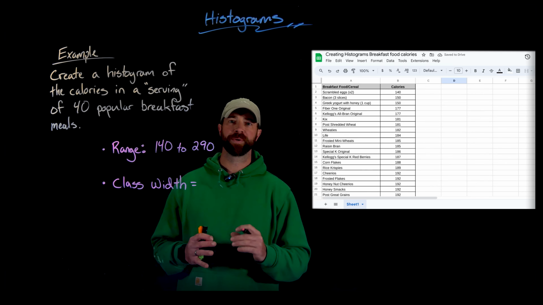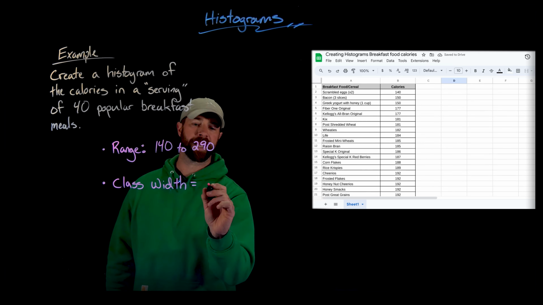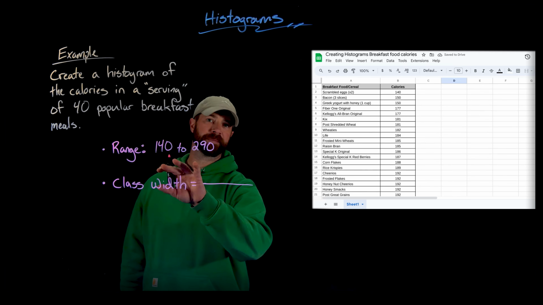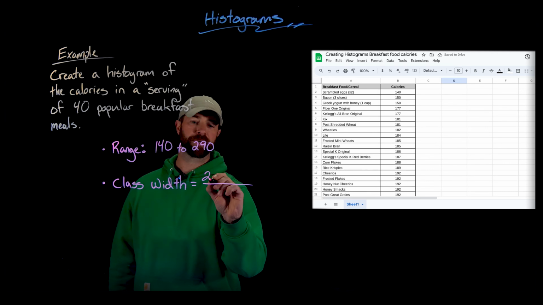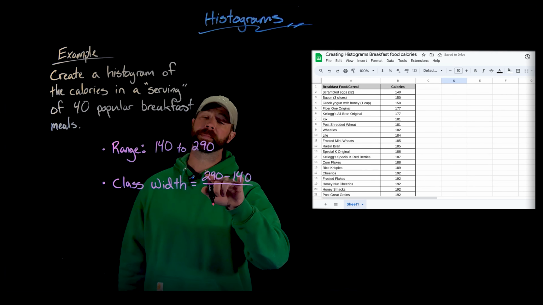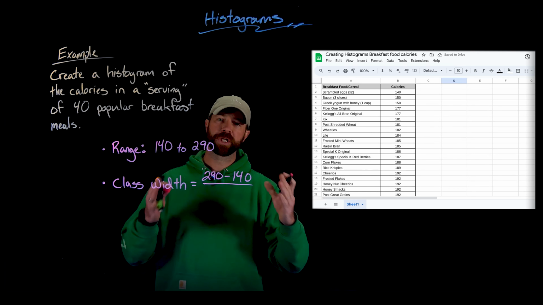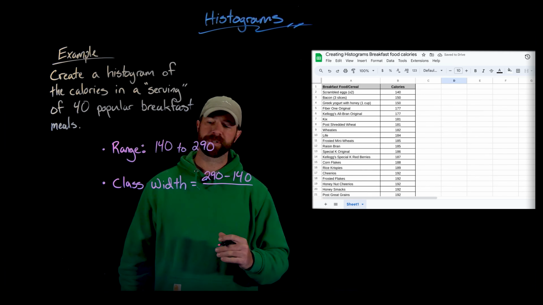All right, so what I want to do next is decide on my class width. The way that we do this is we take the span of this range right here. So this is from 140 to 290, but I'm going to take 290 minus 140. This will output how large a span my data set covers.